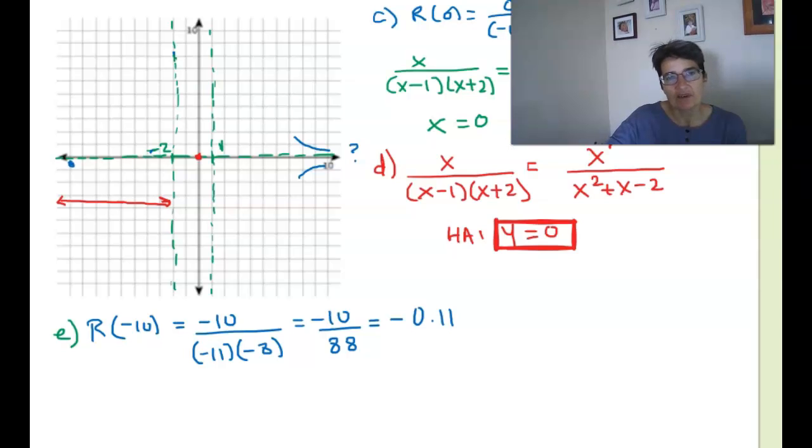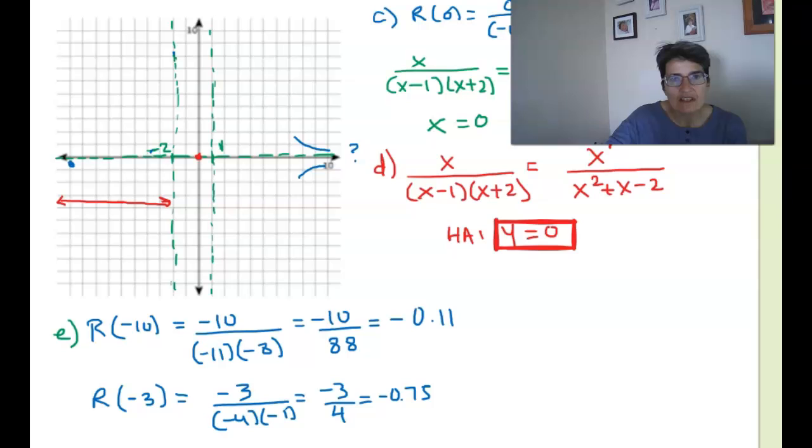Now let's see what happens close to the vertical asymptote. Pick something like x = -3. So we have -3 over (-4)(-1). This is -3 over 4, which is -0.75. So this one at -3 is about here. We can draw that.